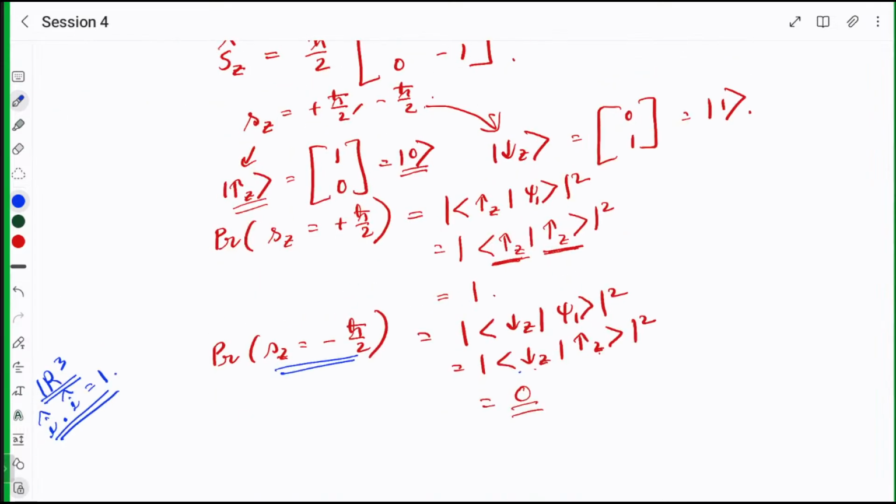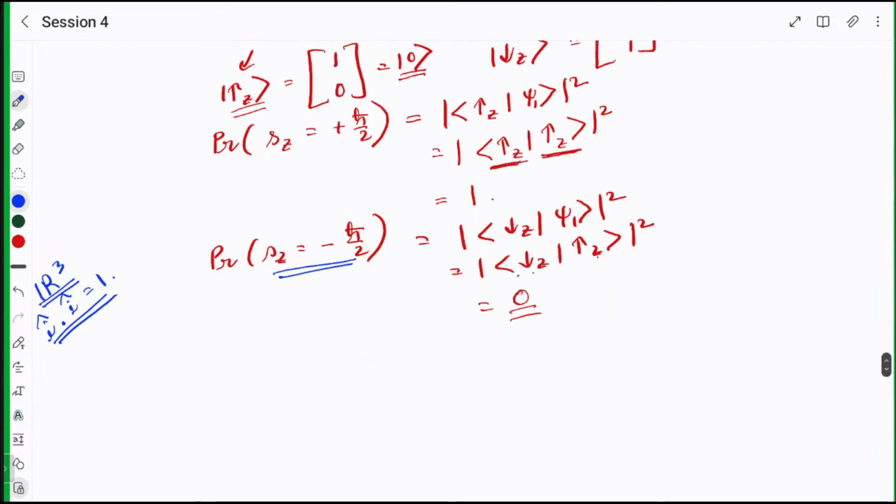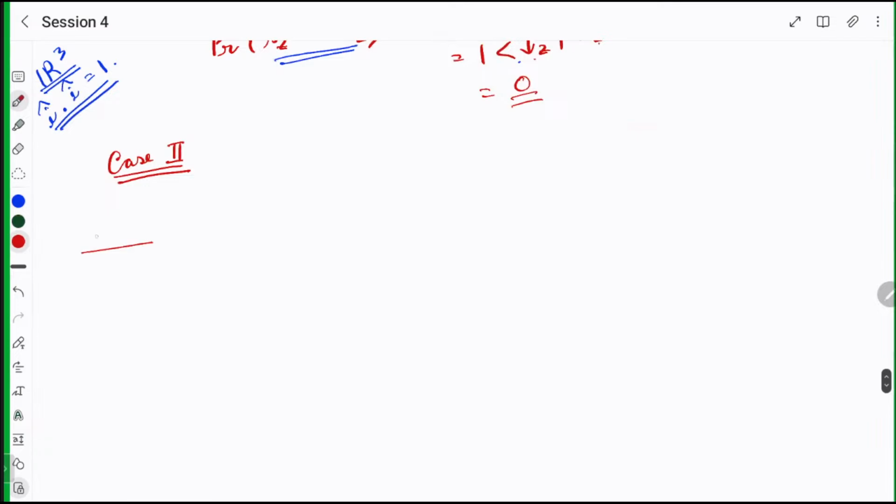Now let's go on to the second case that we had discussed in our first class. So let's go to case number 2. Now here you have something coming out of the oven. You have put a Stern-Gerlach along Z again.